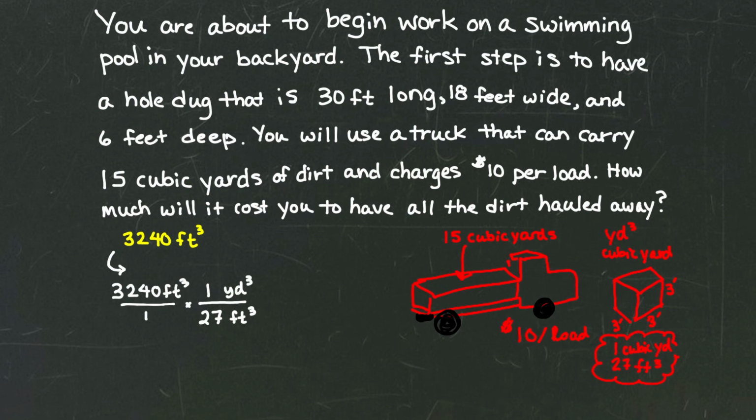I put the cubic feet in the denominator so that the units will cancel. And so that tells me that in order to convert cubic feet to cubic yards, I simply have to take the numerator, 3,240 times 1, or 3,240, divided by the denominator, 1 times 27, or 27, and that's going to give me the number of cubic yards. So let's pull out our calculator. Taking 3,240 divided by 27 gives us 120 cubic yards. And that's not even an approximation. That's just an exact value.